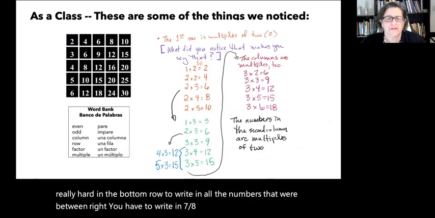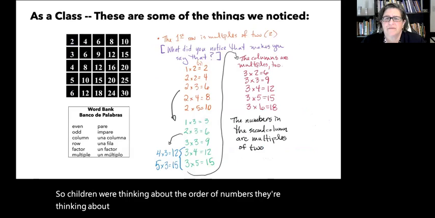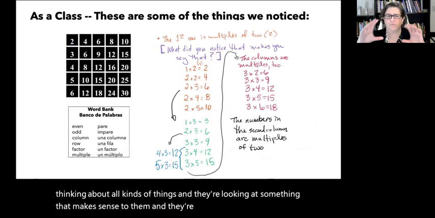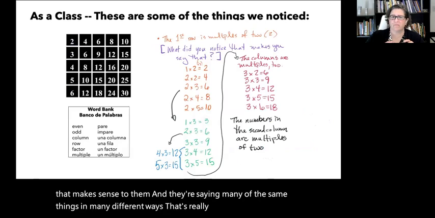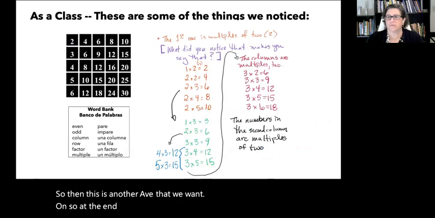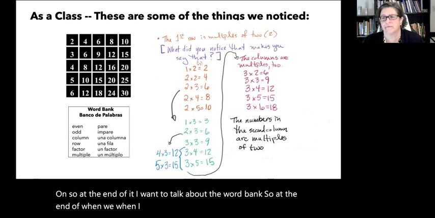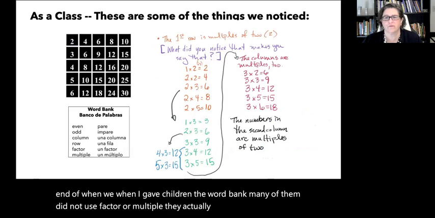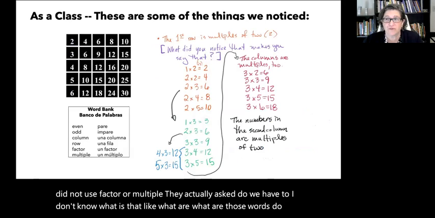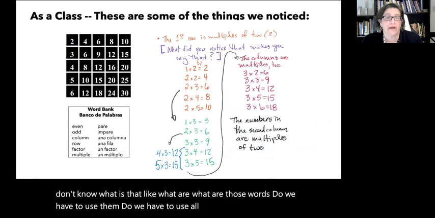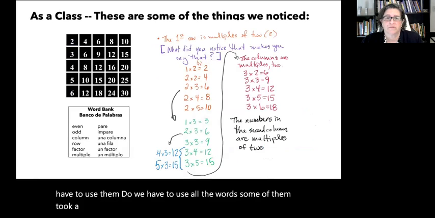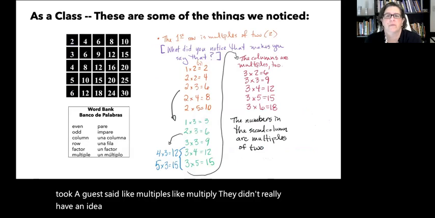So then this is another avenue that we went on. At the end of it, I want to talk about the word bank. When I gave children the word bank, many of them did not use factor or multiple. They actually asked, I don't know, what are those words? Do we have to use them? Do we have to use all the words? Some of them took a guess, like multiples, like multiply. They didn't really have an idea of what was happening.